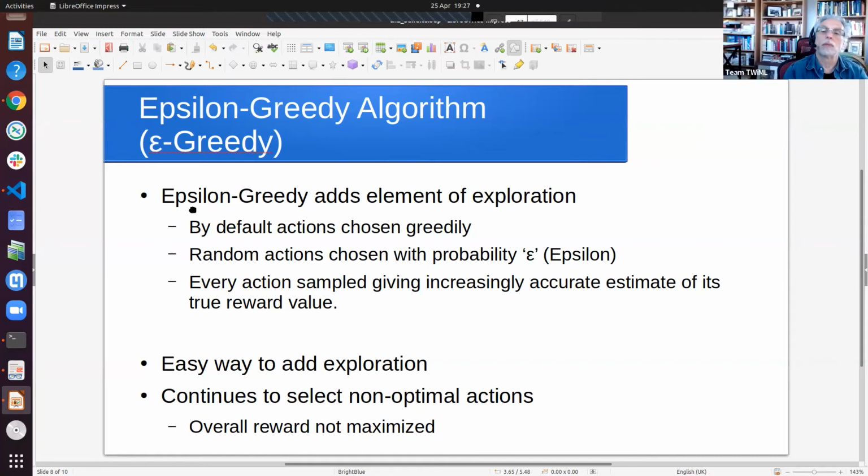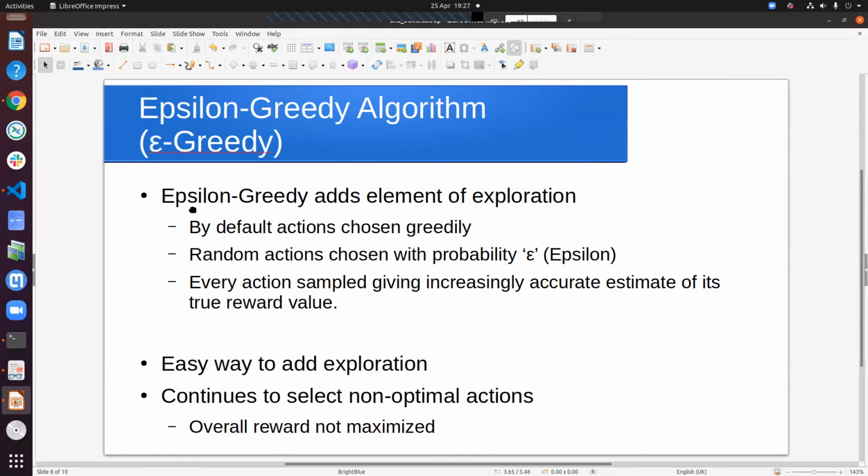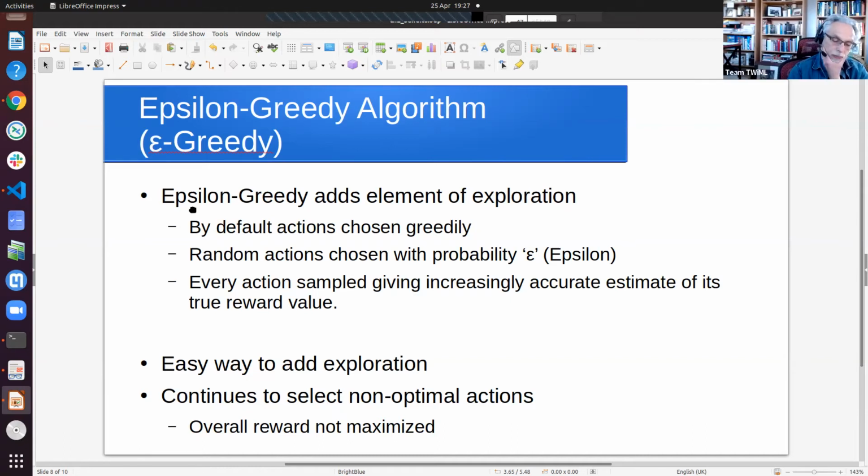But there are simpler versions of epsilon greedy, where over time you would decrease epsilon. And so by decreasing epsilon, your chances of choosing one of the random actions decreases. And there's other versions as well, which, as you say, if something is showing really bad performance, then you exclude that one from the choices that you make.